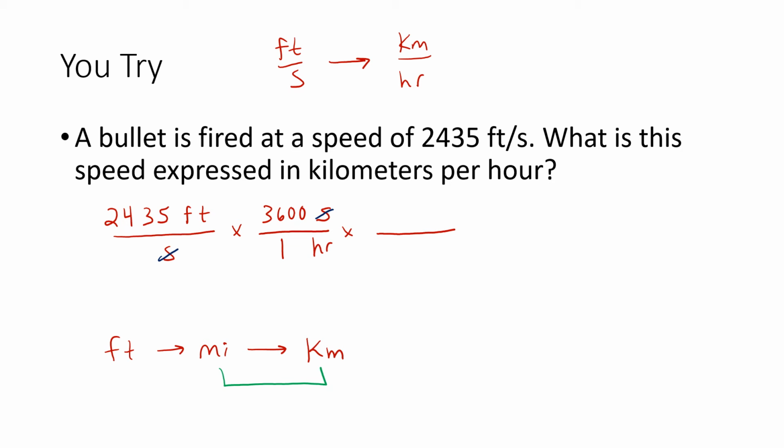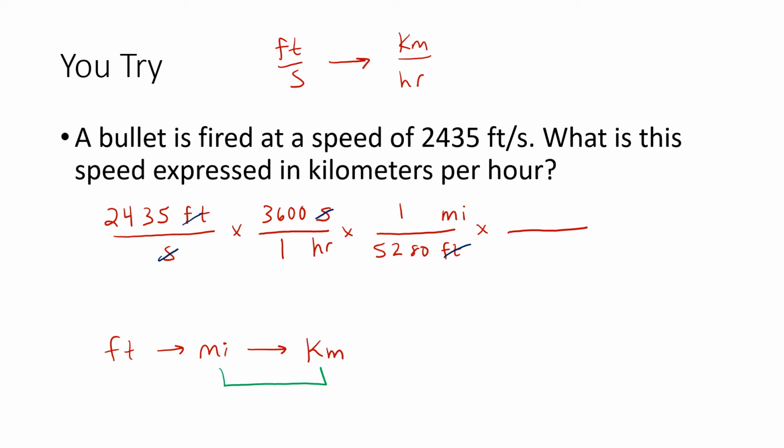So looking at our unit conversion chart, feet is going to have to go in the denominator, miles will go in the numerator, and there is 5,280 feet in 1 mile. So far, our feet will cancel, and we're in units of miles per hour.